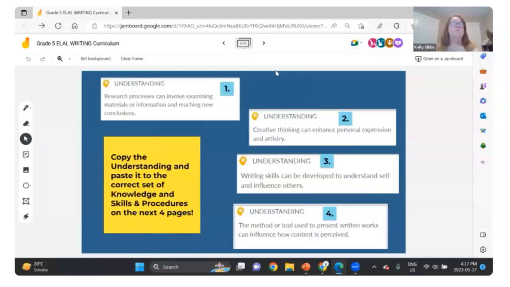I'm going to give each one of you a number. All you need to do is click on it, then copy it, Control C, and take it to either page 6, 7, 8, or 9, and then paste it into where you think that understanding connects.